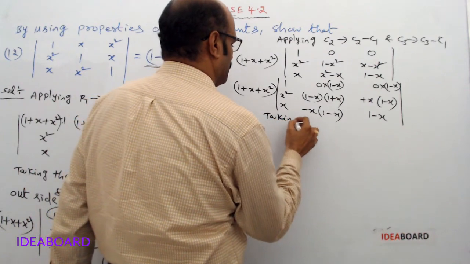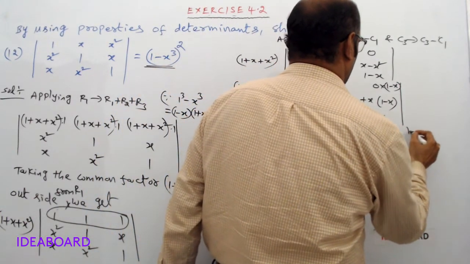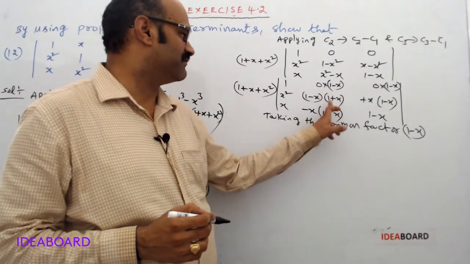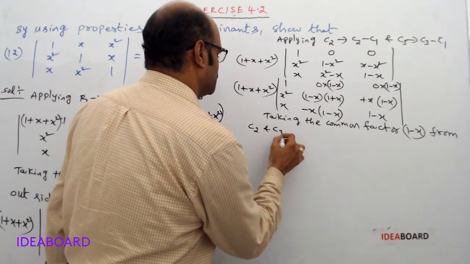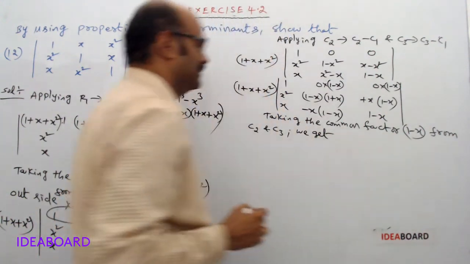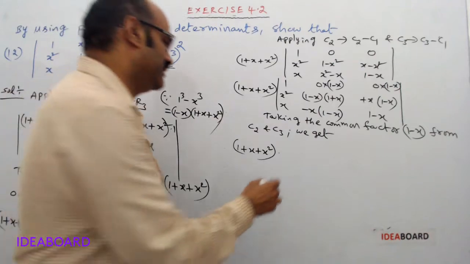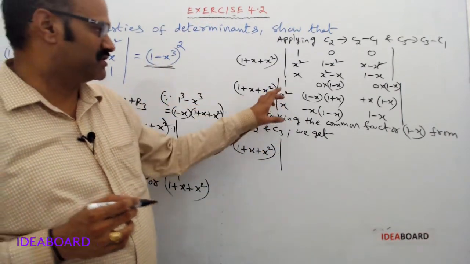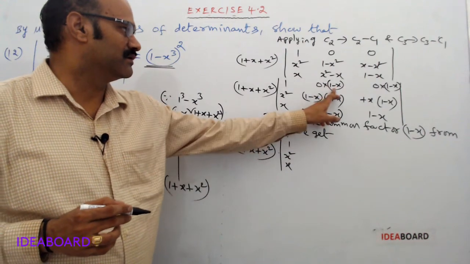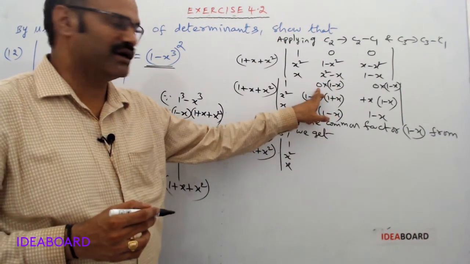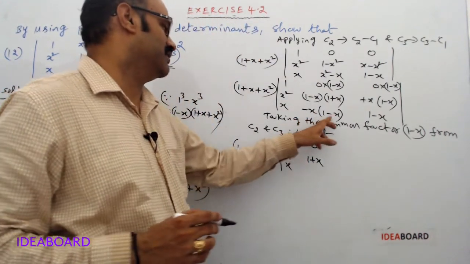Taking the common factor 1 minus x from C2 and C3, we get 1 + x + x² into the determinant of, from C1 nothing is common, so C1 stays 1 x² x. In C2, 1 minus x is common: 0, then 1 plus x, then minus x.